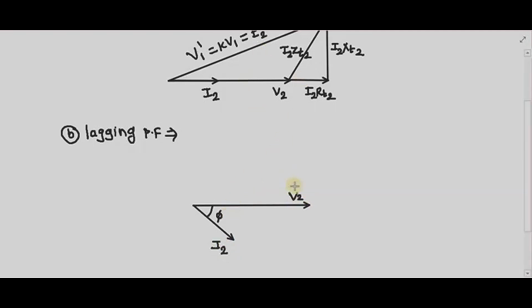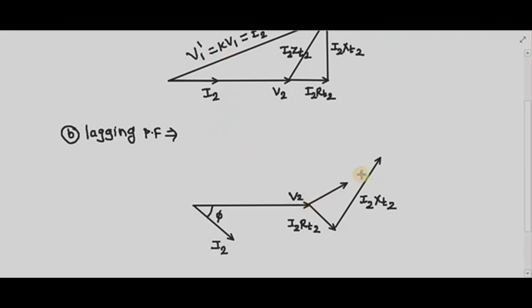Then there is a drop in RT2 of your approximate equivalent circuit referred to the secondary side. So that drop, that is I2 RT2, will be in phase with I2. Then some drop will take place in the XT2. So that is nothing but your I2 XT2, which is leading I2 by 90 degrees.